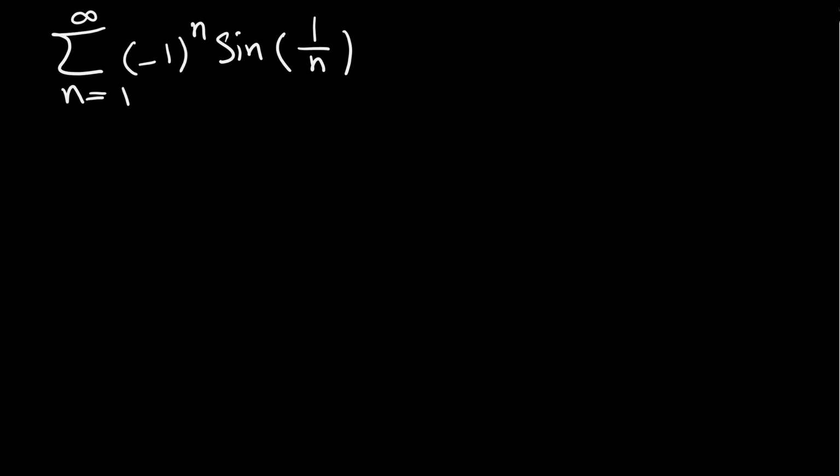Okay, the next problem is sigma (-1)^n sine of 1 over n. The question is: is this series an alternating series? Although there is (-1)^n, you may tell me that sine of 1 over n, or b_n in this case, oscillates between -1 and +1.